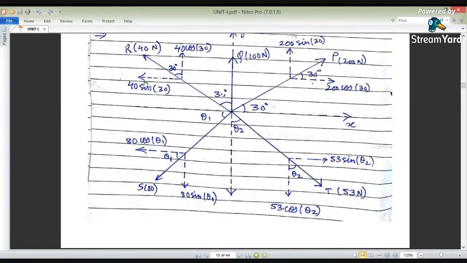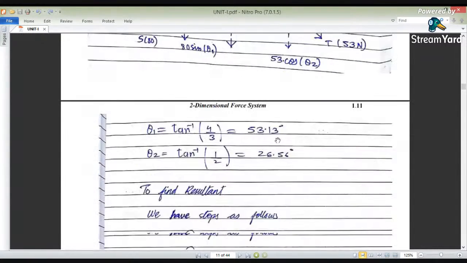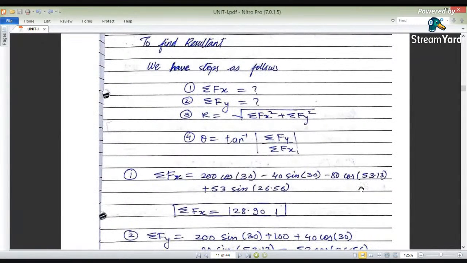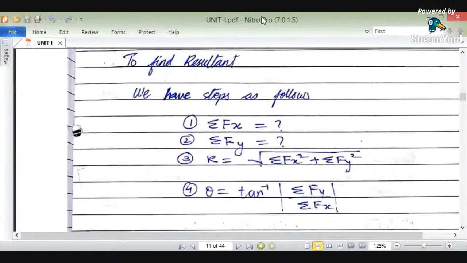But this 40 sin 30 is in the negative direction, therefore minus 40 sin 30, and this will also be minus 80 cos theta 1. Here we have taken minus 80 cos theta 1 and minus 40 sin 30. After simple calculations, the summation of all Fx components comes to be 128.90.